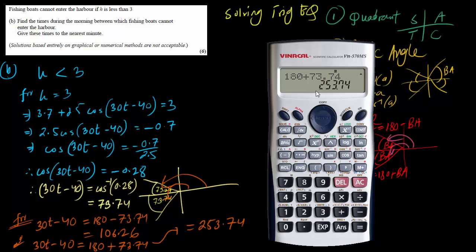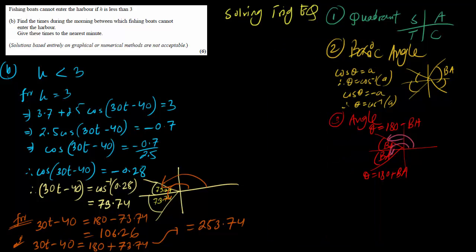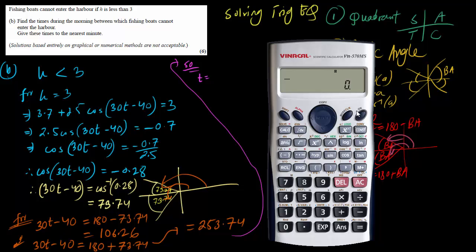Yeah, it's fine. So what we have to do now is find the value of t. So the first one is going to be 30t minus 40 equals 106.26. So t is going to be, let me use the calculator, 106.26 plus 40, then divided by 30.